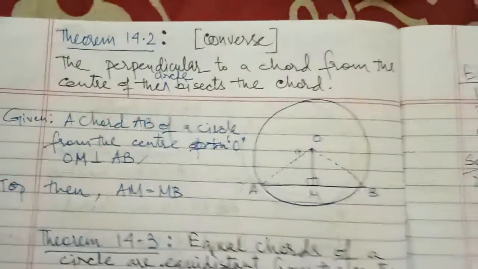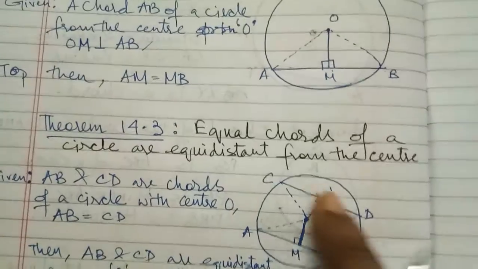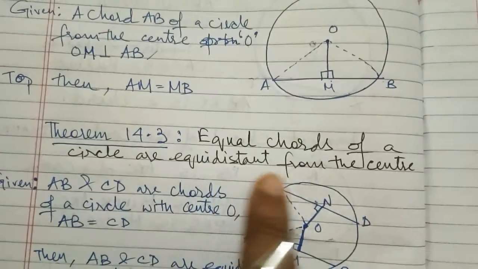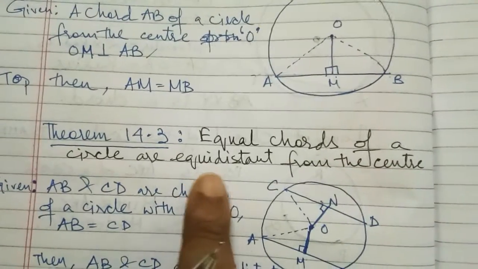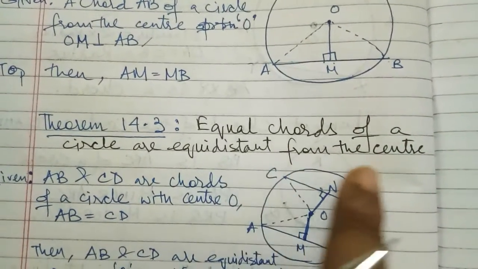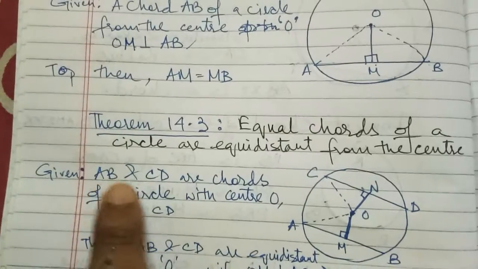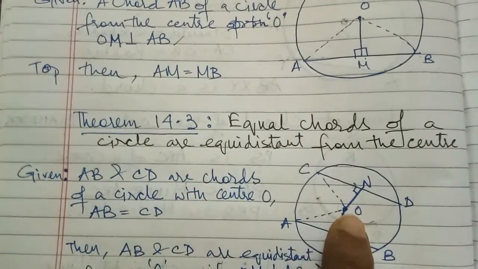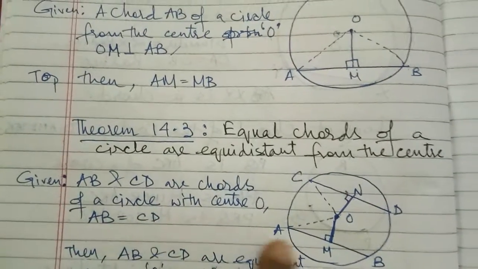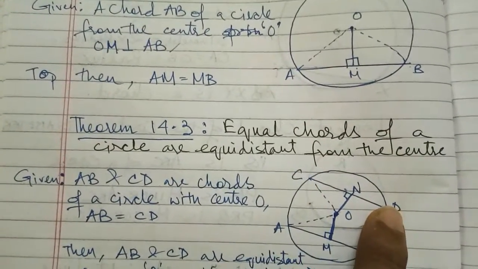Okay. Next, 14.3: equal chords of a circle are equidistant from the center. If the chords are equal, then definitely they will be at equal distance from the center. Next see, AB and CD are chords of a circle with center O. I have written, then definitely AB equals CD.